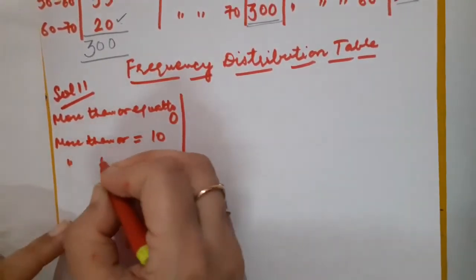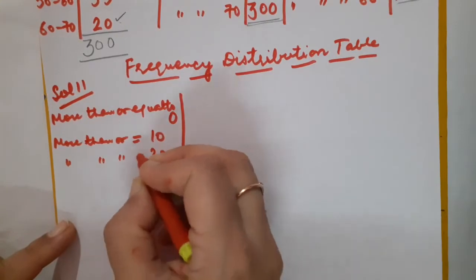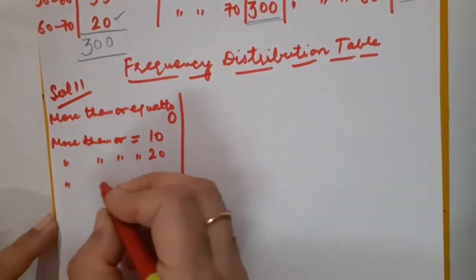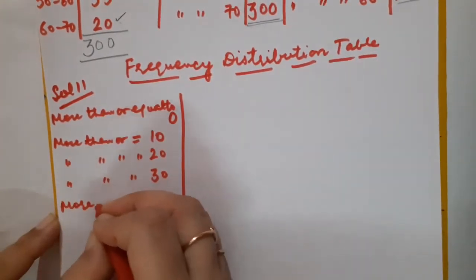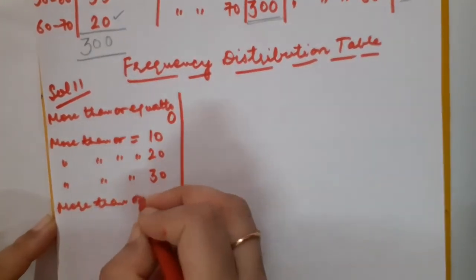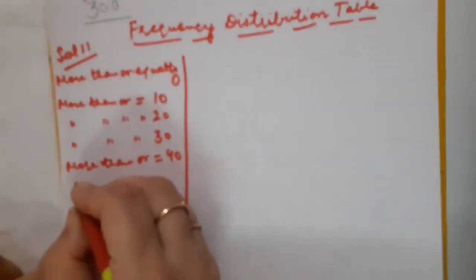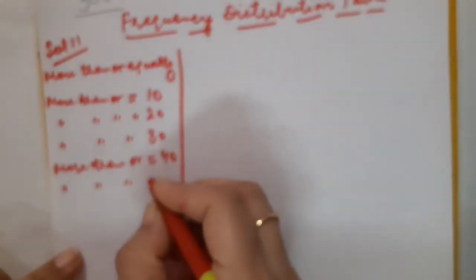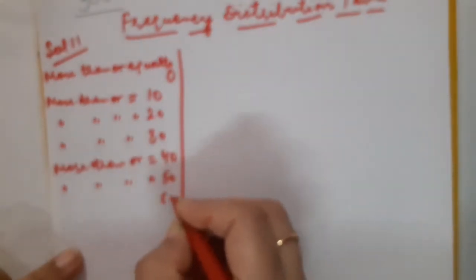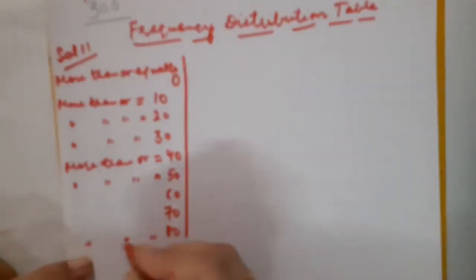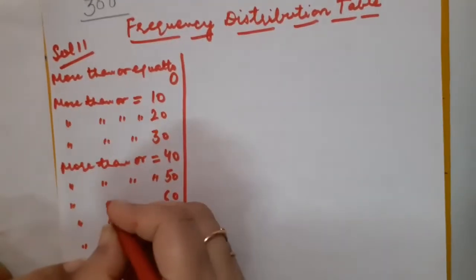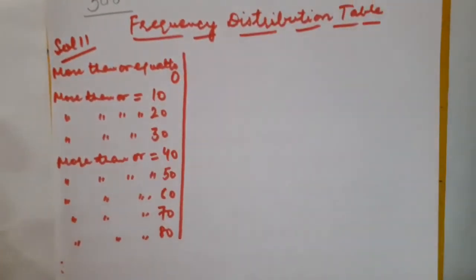Then more than or equal to 20, more than or equal to 30, more than or equal to 40. This is given to us. More than or equal to 50, then 60, 70, 80. Correct? These are the marks of the students given to us out of 90.